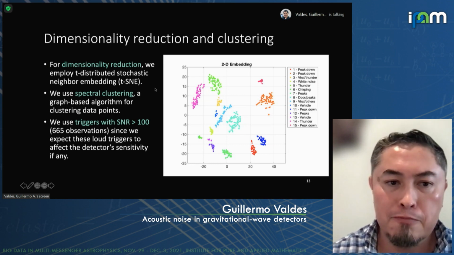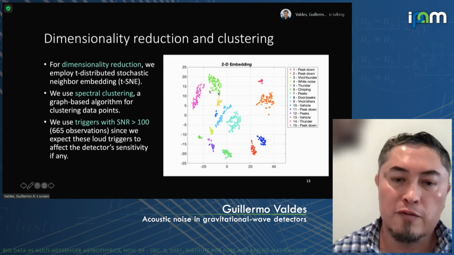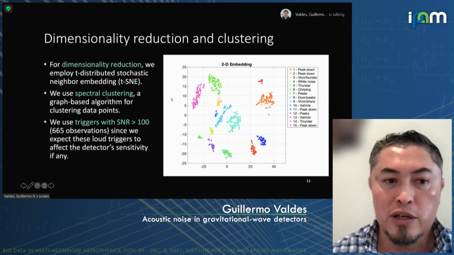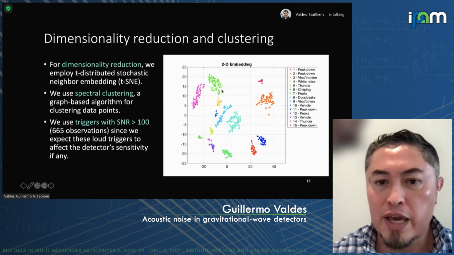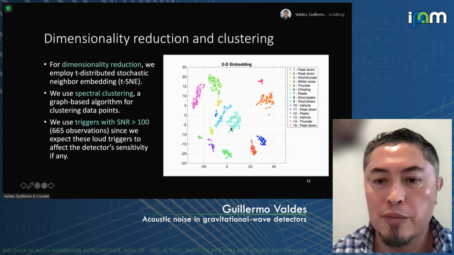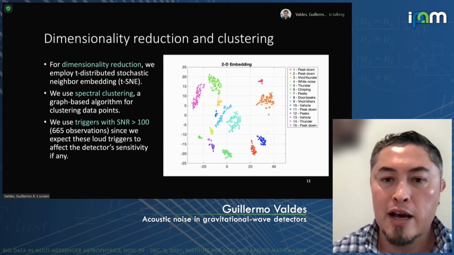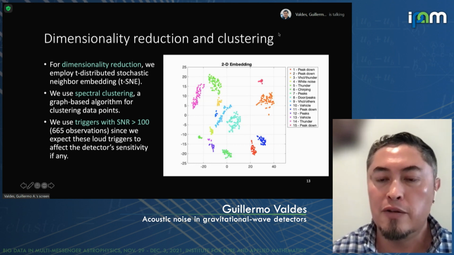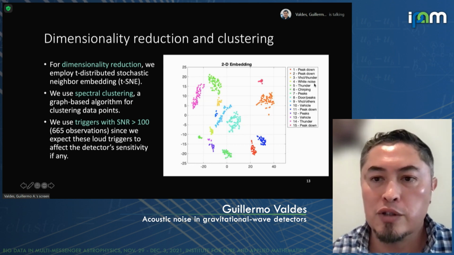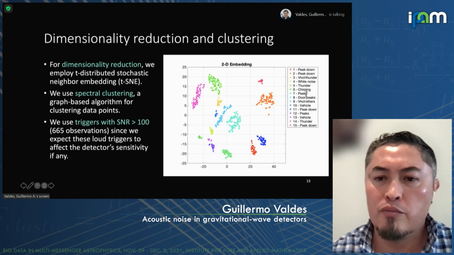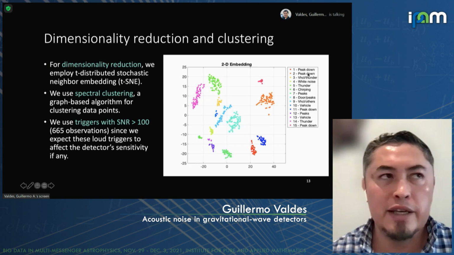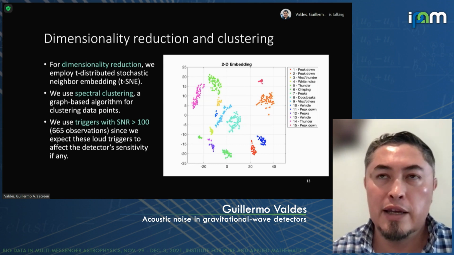The first thing that we did, once we found all these groups visually, was apply spectral clustering, which also finds these groups in an automated way. What we found is this list of different noises: what we call peak down, which is actually something present in the microphone but more electrical than a sound itself.